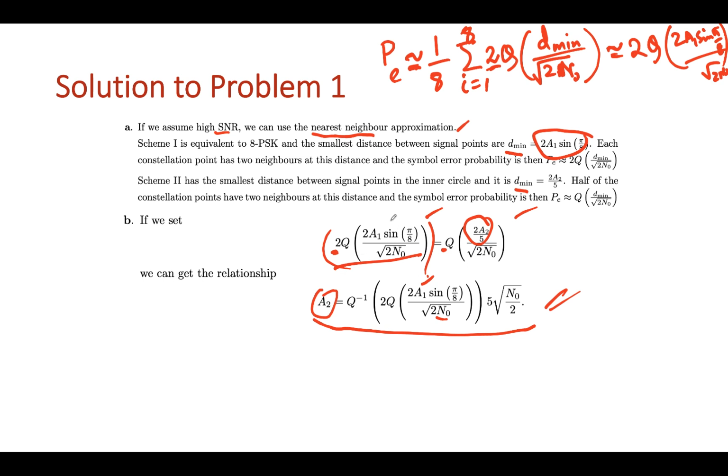All you are worried about is the argument of the Q function, because the Q function falls very sharply with x, and whether you have a factor of 2 here or not doesn't matter.